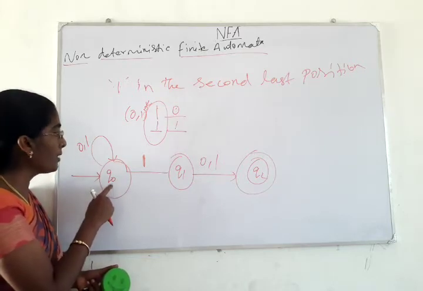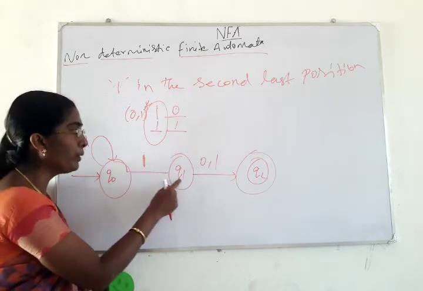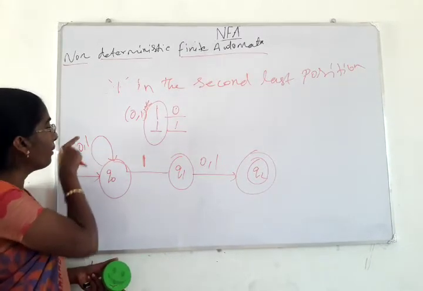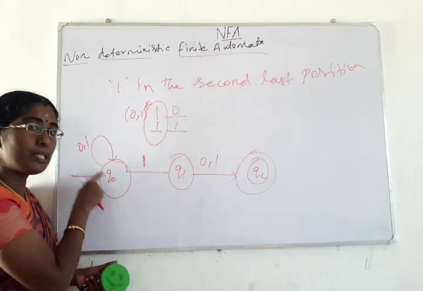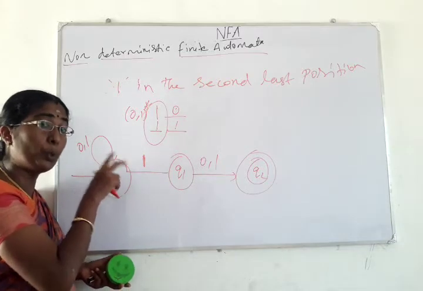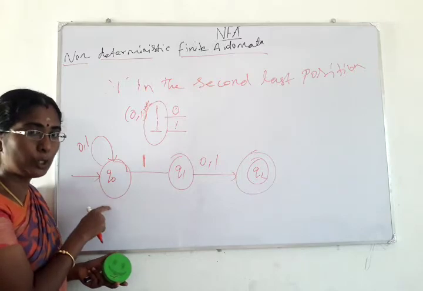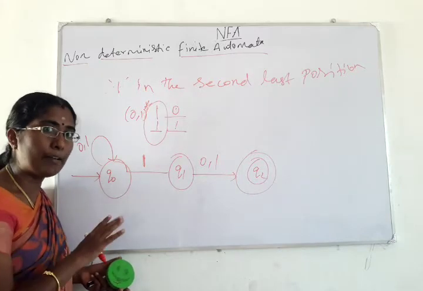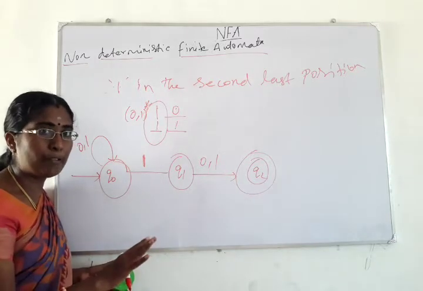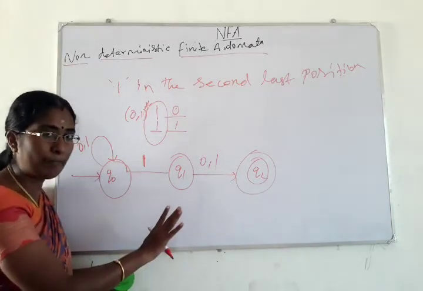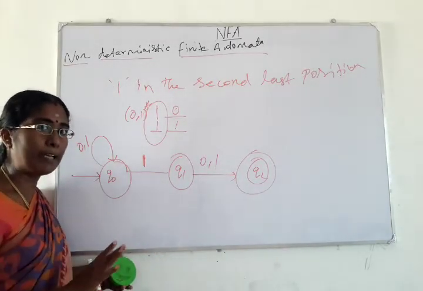Already we are having a transition from Q0 for the symbol 1 to the state Q1. And again we are having a transition for the same symbol 1 from the state Q0, that is the self transition. Here we are having two transitions for the same symbol 1 from the same state Q0. Hence it is an NFA. Right? This is the major difference. This type of transition will not be present in a DFA. It is only possible in an NFA.